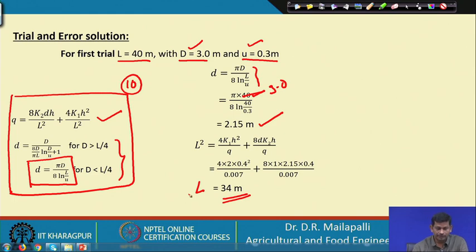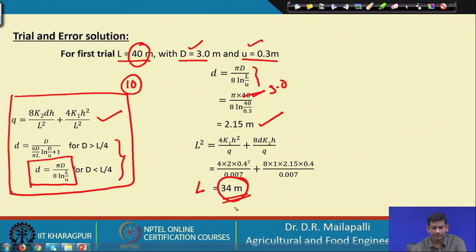So, the initial guess was 40 meter and after calculation you get 34 meter. So, this L and the initial guess L are not the same.